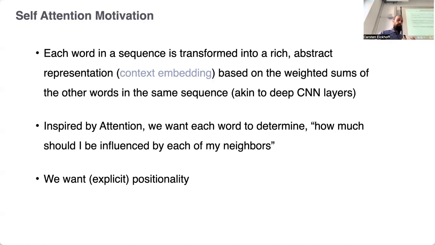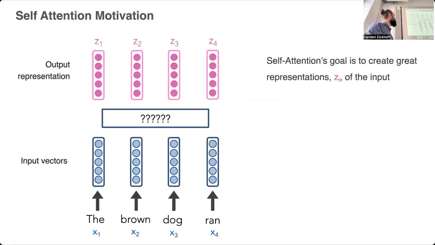And really what we want with this is this explicit influence of the neighbors already at representation time, right? So the meaning of a word should be in its compatriots, right? In its neighbors. It should not be I use all your neighbors when I do something with the word later on, but really I want to squeeze this into the representation. And ideally we want positionality, and I'll show you in a second what I mean by that.